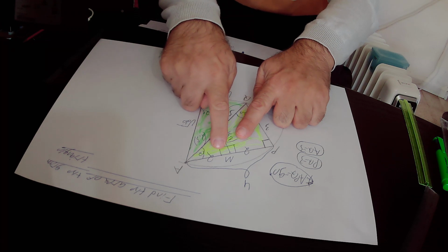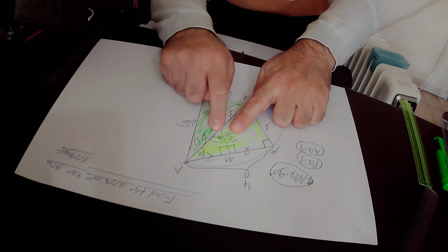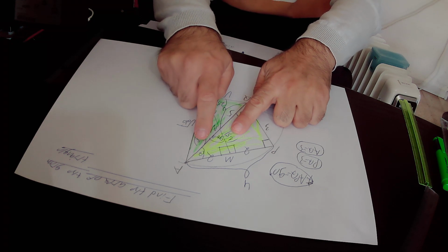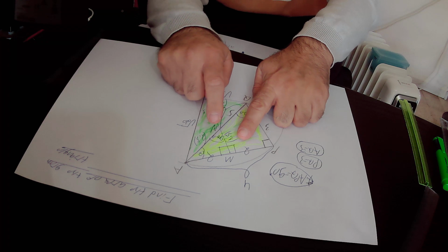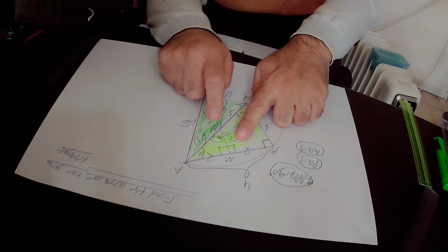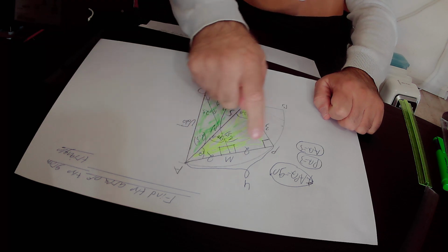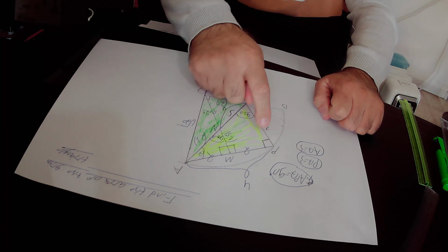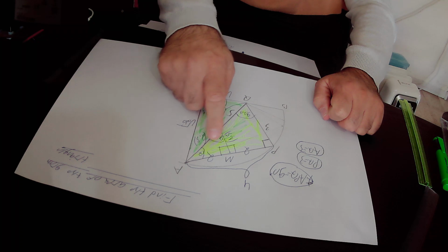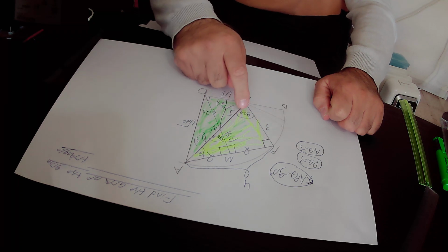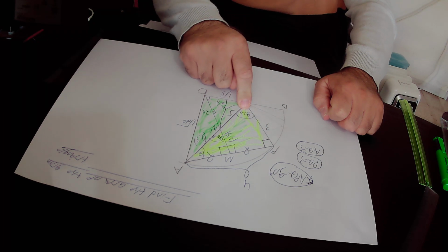This angle equals 90 degrees. This angle must be equal to 90 degrees minus theta. Why? Because 90 degrees minus theta plus theta is 90 degrees, and 90 degrees plus 90 degrees is 180 degrees, which is the sum of the angles in any triangle. Likewise, in the right big triangle APQ, this angle equals theta. This angle equals 90 degrees, therefore this angle must be equal to 90 degrees minus theta.